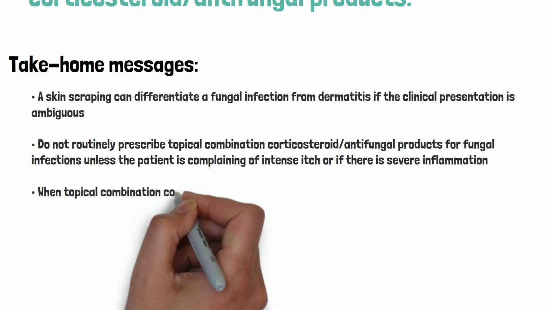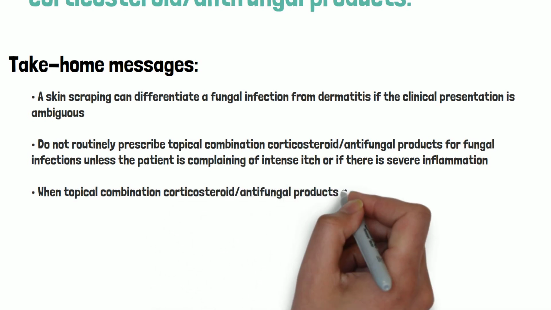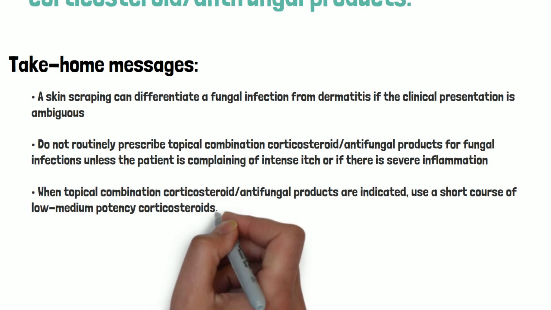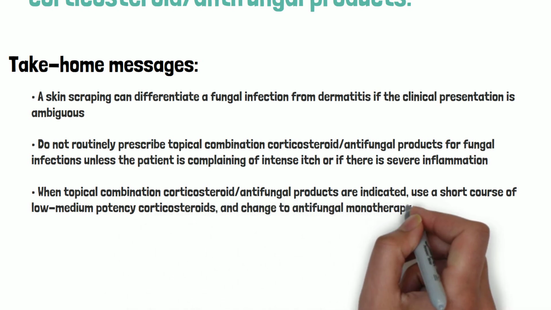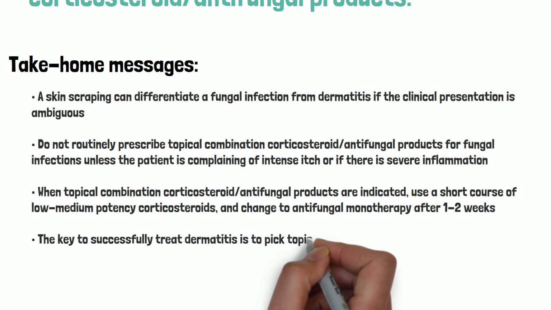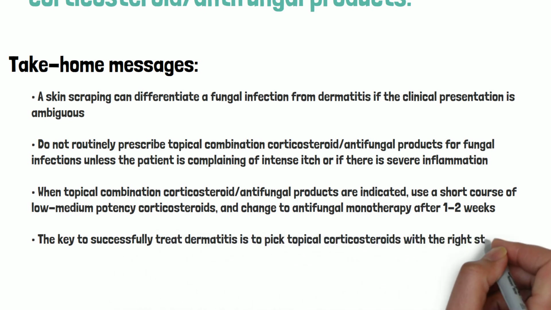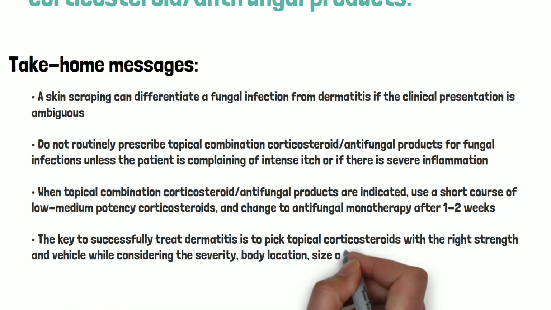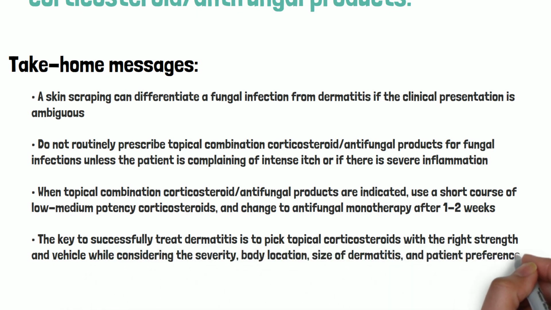When topical combination corticosteroid antifungal products are indicated, use a short course of low-medium potency corticosteroids and change to antifungal monotherapy after 1 to 2 weeks. The key to successfully treating dermatitis is to pick topical corticosteroids with the right strength and vehicle while considering the severity, body location, size of dermatitis, and patient preference.